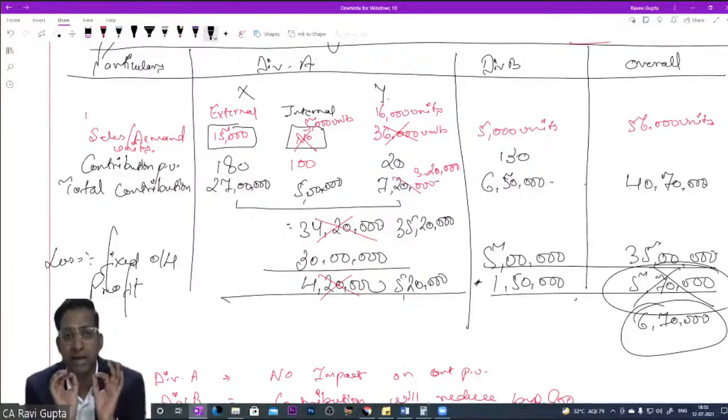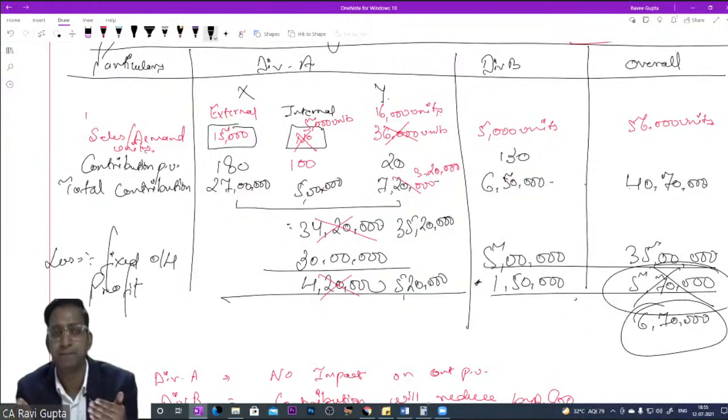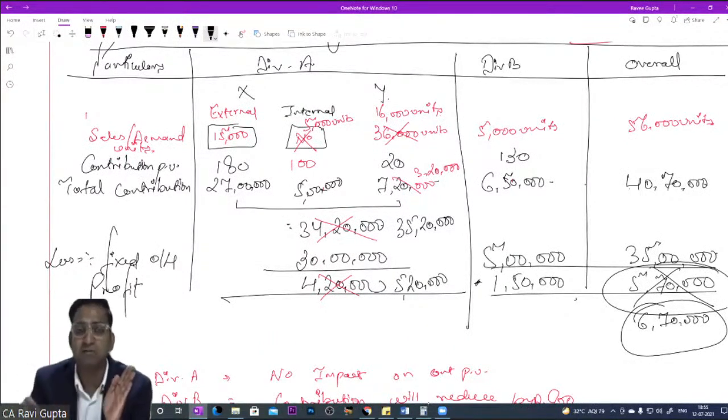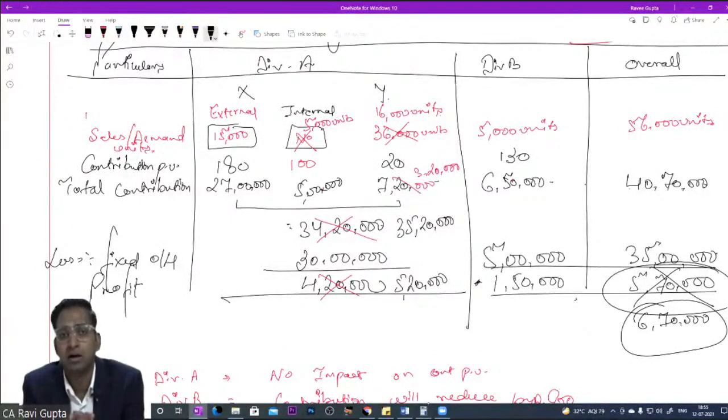But the main task, which will create a lot of problems for students, will be how the change in the information will be impacting your answer and how the student is correlating it with all the figures. The pace at which you change the figures will determine your ability to solve these transfer pricing questions.